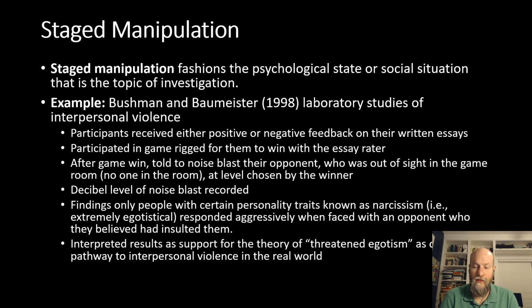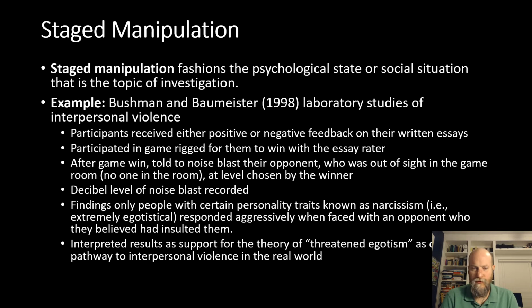The findings were that only people with certain personality traits responded aggressively when faced with an opponent who they believed had insulted them or given them a negative review or negative feedback on their essay. What they found was that people that scored high on certain traits of narcissism, for example, being extremely egotistical, were the only ones who tended to escalate to give large amounts of decibels delivered to their supposed foe they defeated in this task.